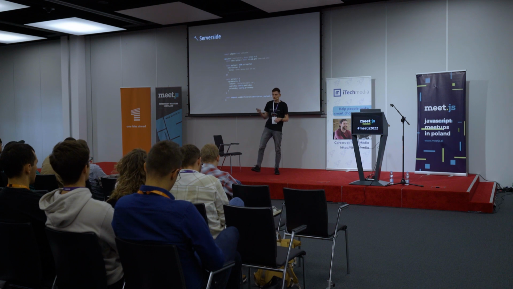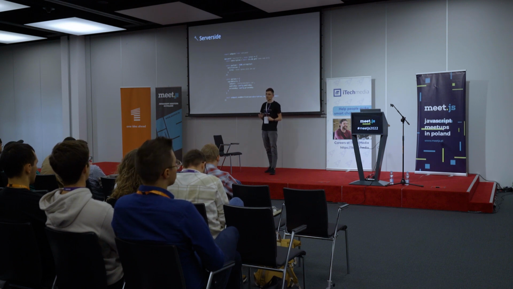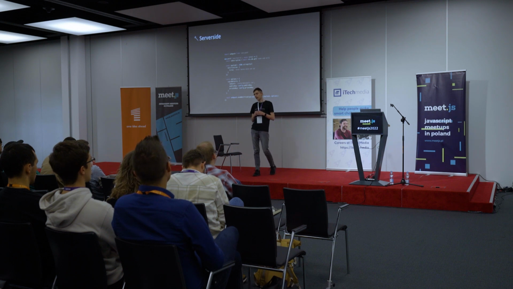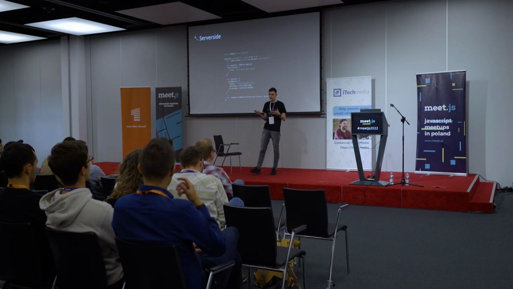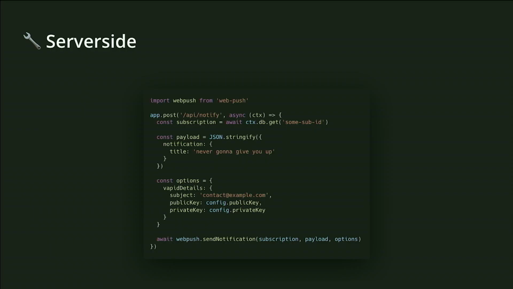So how does it look? We get the subscription object exactly as it was generated in the web browser from our database using the proper ID. Then we prepare the push message payload. For example, here I have built the notification object with a title.